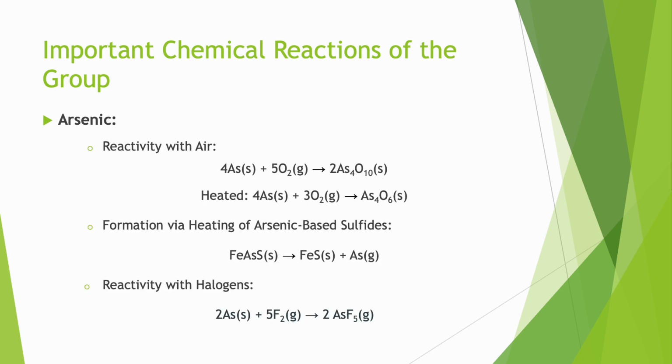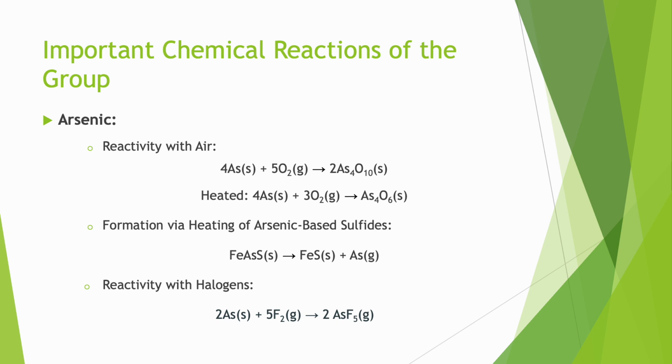For arsenic, arsenic is stable in dry air, but the surface oxidizes slowly in moist air to give a bronze tarnish and finally a black covering on the element. When heated in air, arsenic ignites to form arsenic trioxide, actually tetraarsenic hexaoxide. This is accompanied by phosphorescence under some conditions.